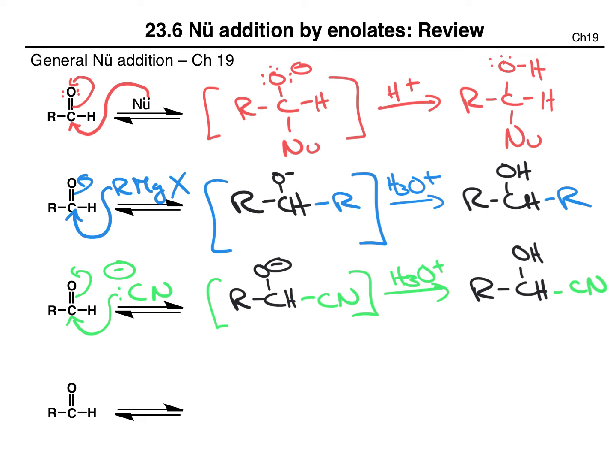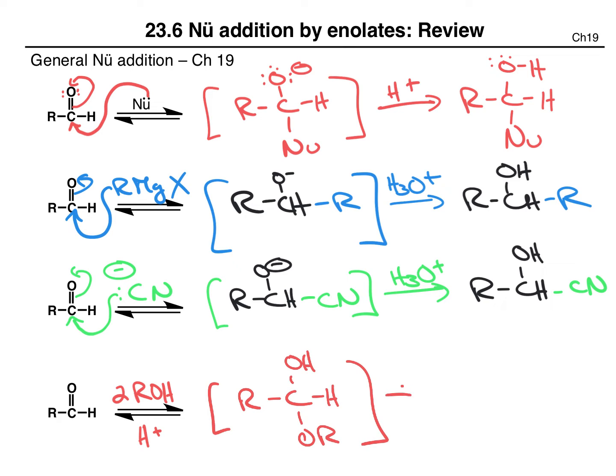Another reaction that we saw involved reaction with two equivalents of alcohol in the presence of acid, for example. This would lead to this intermediate, but then this would react further with the second equivalent of the alcohol to give this, which is an acetal.